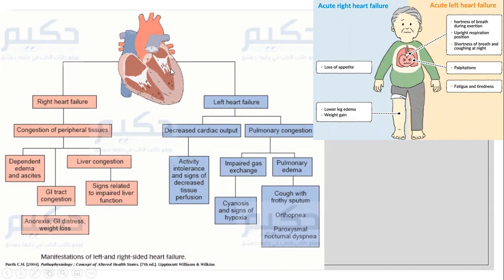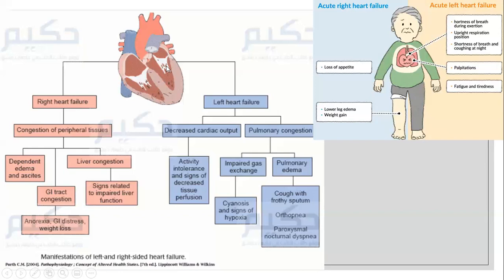So if the pathology is on the left side, heart failure occurs because the left side does not work. Some of the common signs of left side heart failure are as follows. Decreased cardiac output and pulmonary congestion, because blood comes from the lungs to the left side of the heart.